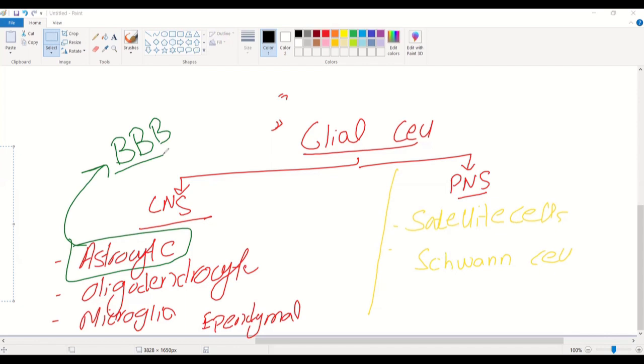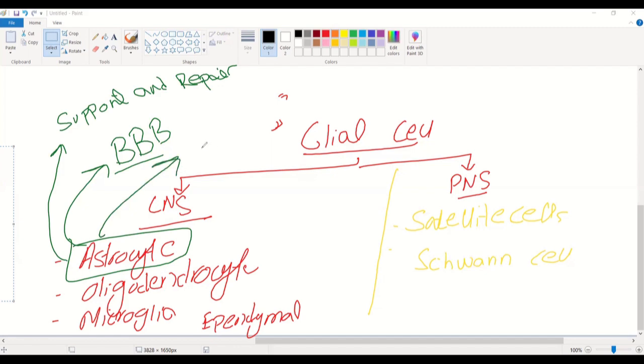Another function is support and repair. It also removes excess neurotransmitter.